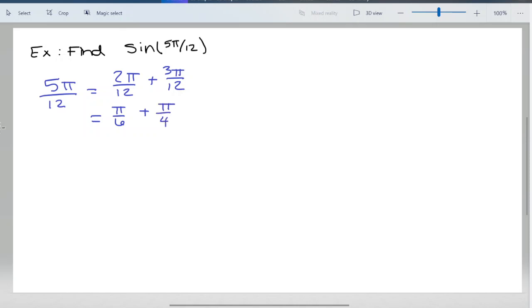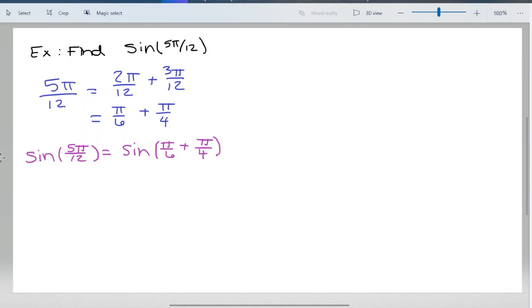So this is a good way to split up this angle. So when I look at sine of 5 pi over 12, I can split this up like sine of pi over 6 plus pi over 4.